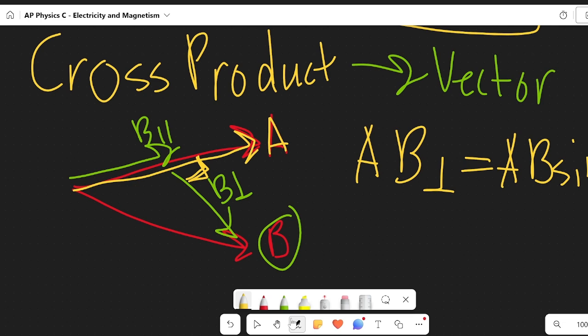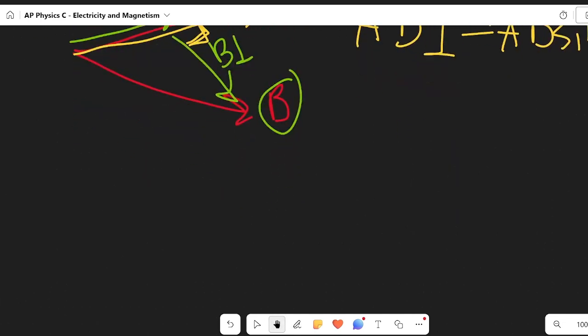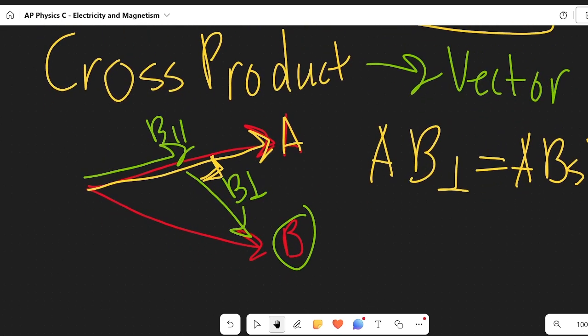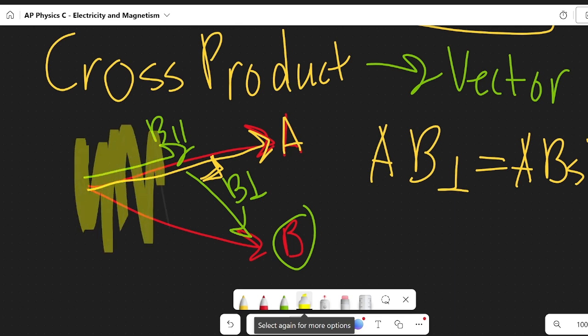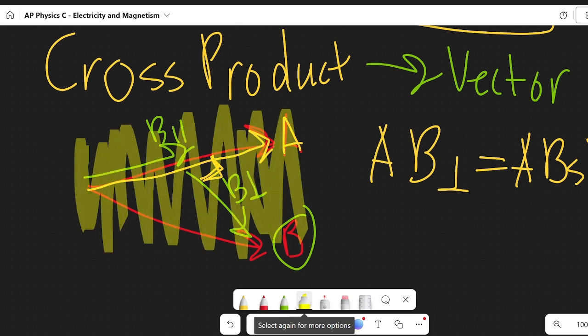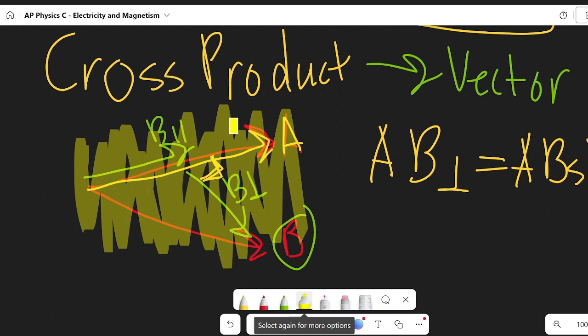And now for the direction, we'll use an interesting trick, right? We can actually do this on the same diagram. We know that A and B will fall onto some plane, right? Assume that what I just drew is a planar surface and A and B are lying on it.